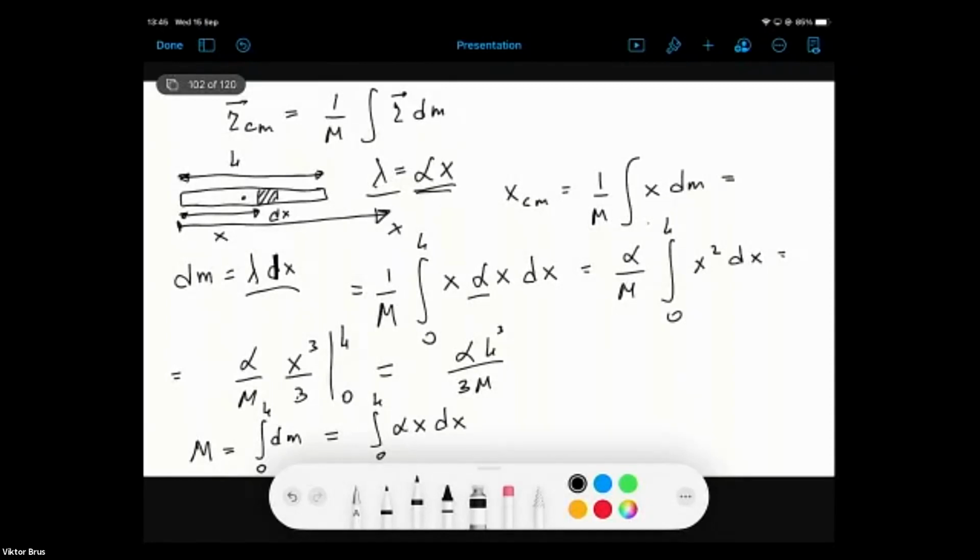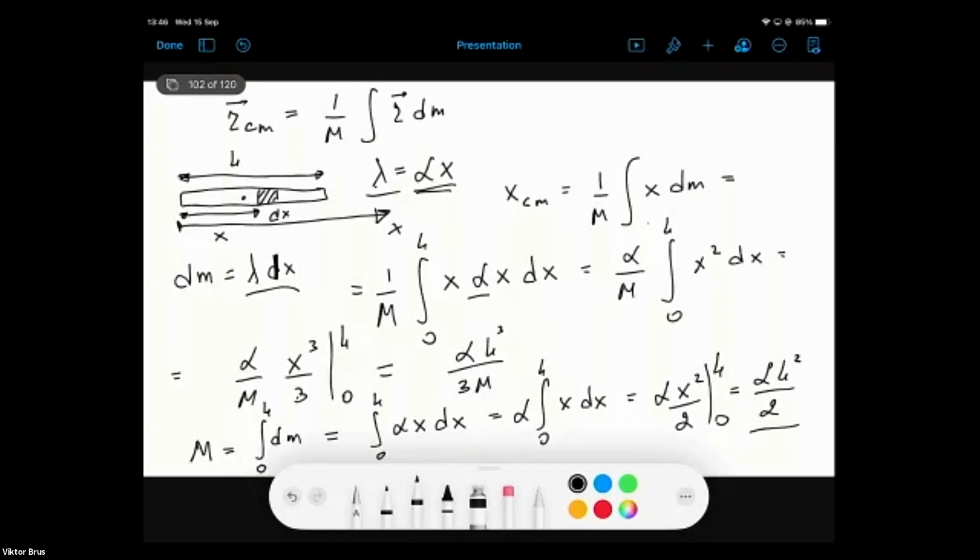Alpha is a constant, goes out from the integral. It will be alpha integral from 0 to L x times dx. And this is equal to alpha x squared divided by 2 from 0 to L. Eventually, we get alpha times L squared divided by 2. So this is the total mass of the rod.